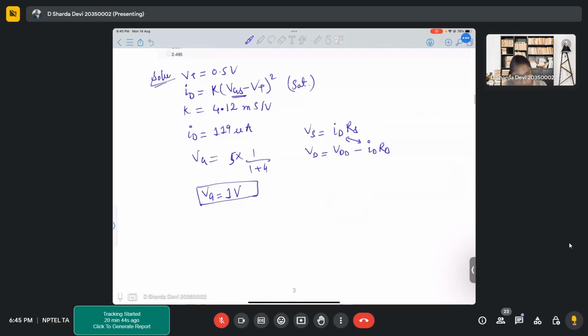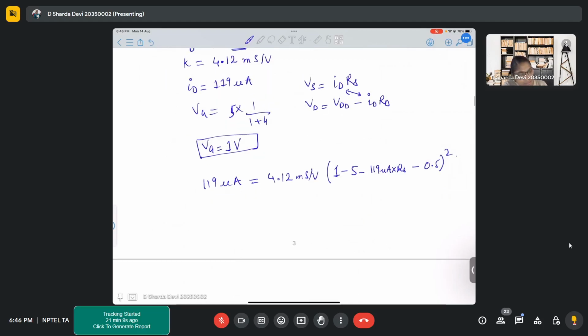So here you know ID, that is 119 microamperes, is equal to K, which is already given, 4.12 millisiemens per volt, into Vg, which is 1, minus Vs, minus Vt, which was 0.5, whole square.